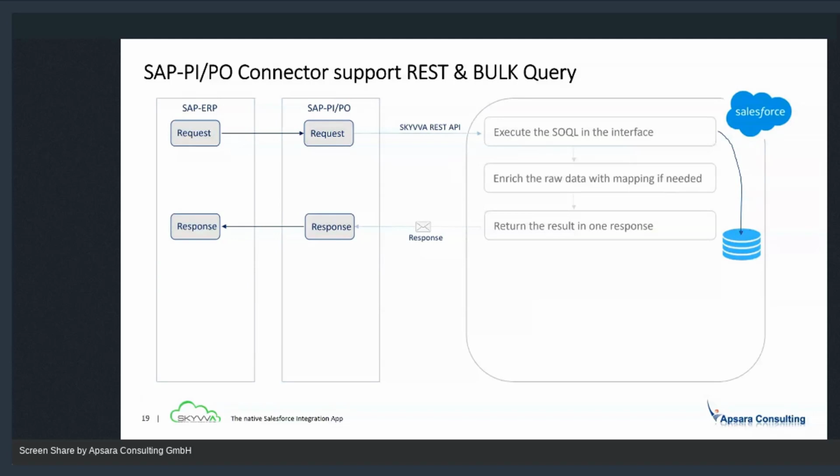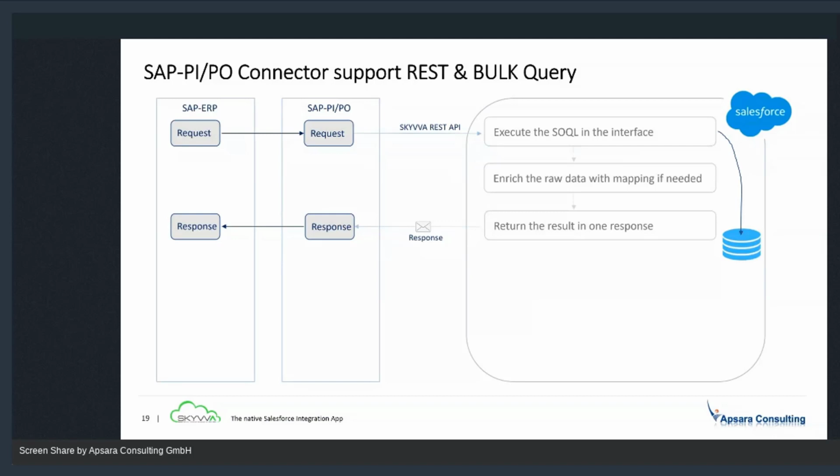Because we try to get all 500,000 records and send them back as a response to SAP-PI PO, and this is not possible because you hit different Salesforce limits like the heap size limit or the CPU timeout limit. Therefore, the current functionality that selects data and gives the result back to the caller can only be used for a small result set.